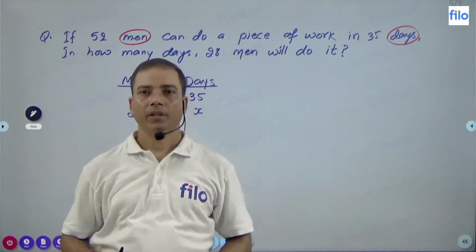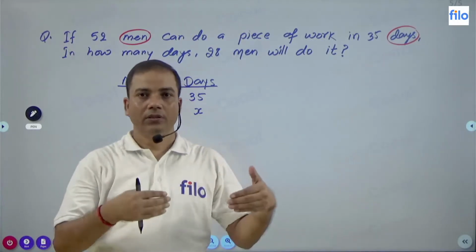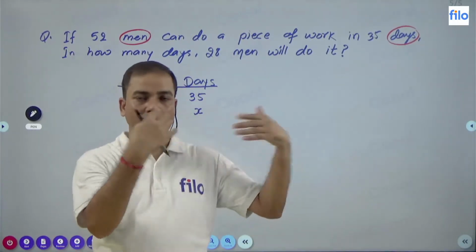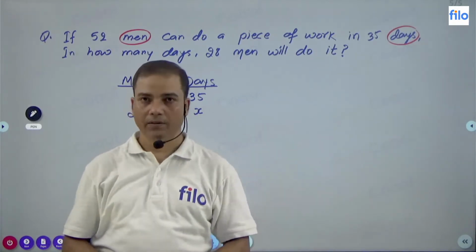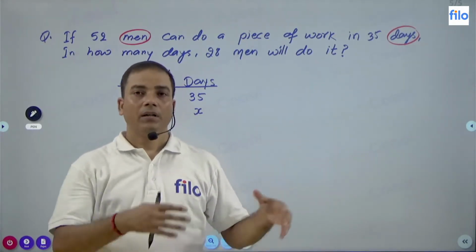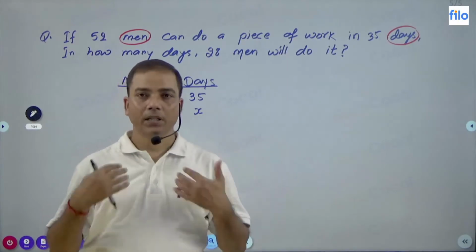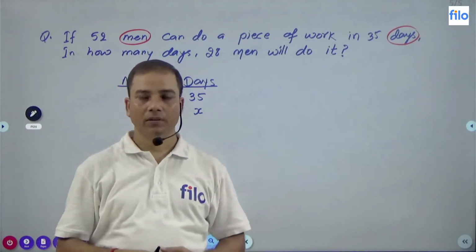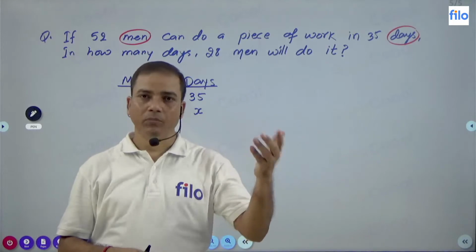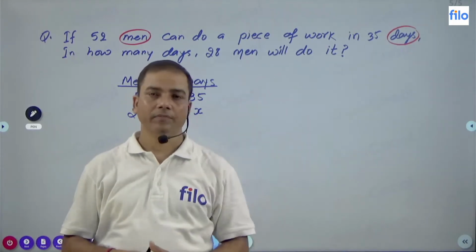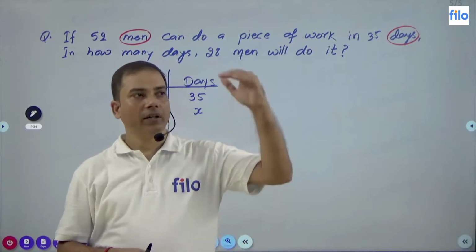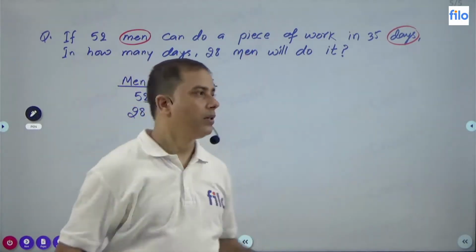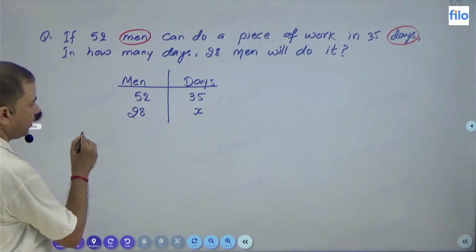If I alone am doing a work, maybe I will take 30 days. But if there are 5 persons like me doing the same work, will they take more than 30 days or lesser than 30 days? Of course, lesser than 30. So persons increase, days decrease. This is inverse variation. We have to mention it.